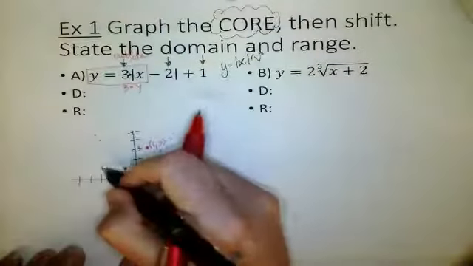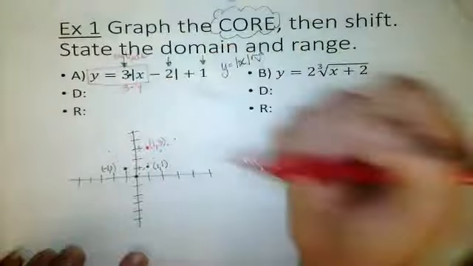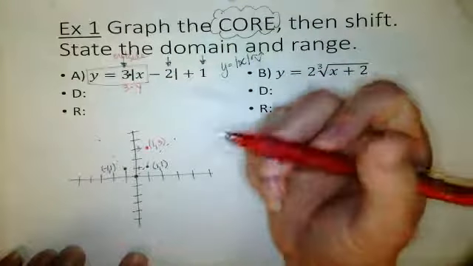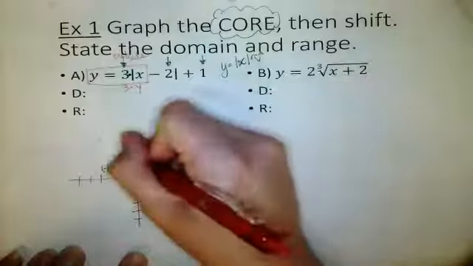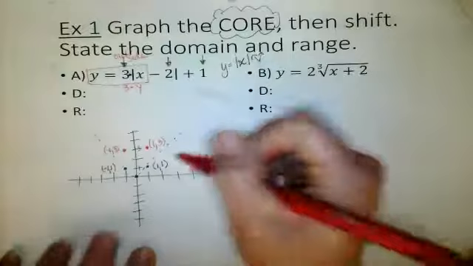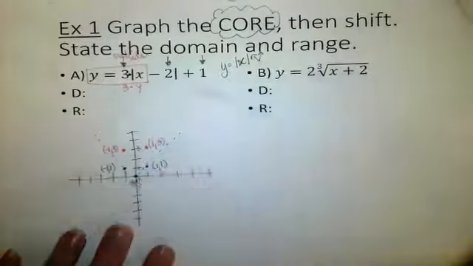Here we have this point, -1, 1. And I want to multiply the y coordinate by 3. So what does it turn into? -1, 3. So all I'm doing is multiplying those y coordinates. I did the same thing with 0, 0.